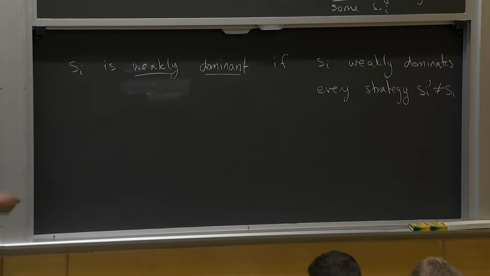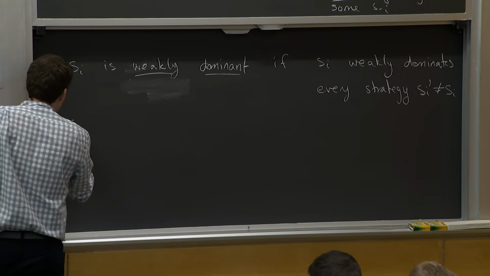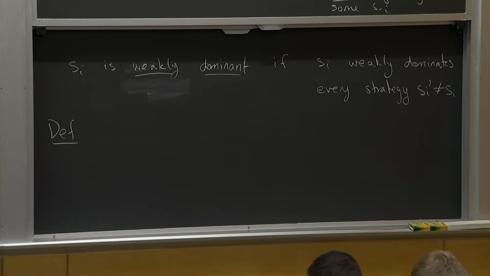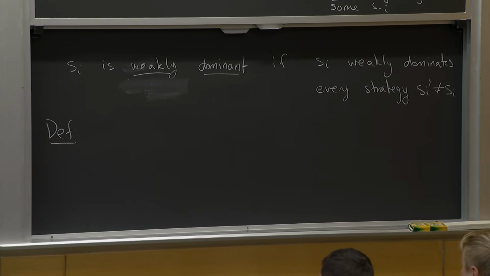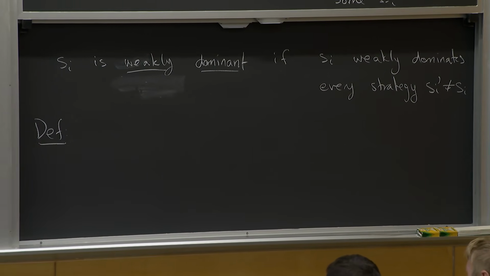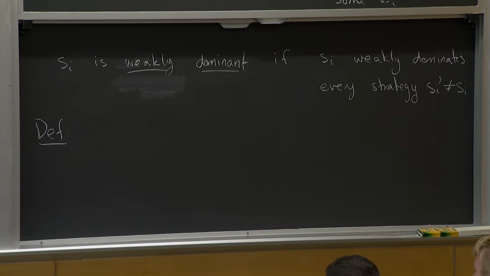And we have one final definition. Let's think about the simplest possible case. That's where every player has some weakly dominant strategy. If that's the case, then we can be pretty confident our prediction in that game is that each player is going to play their corresponding weakly dominant strategy. So we can give a definition here.